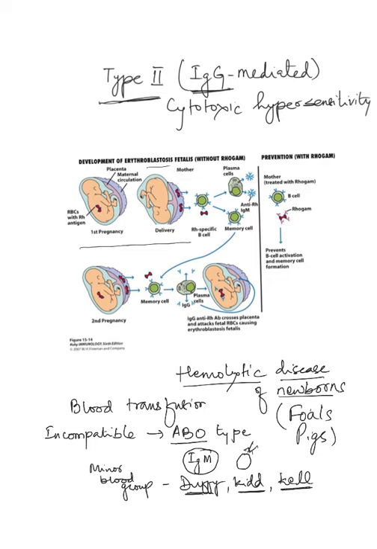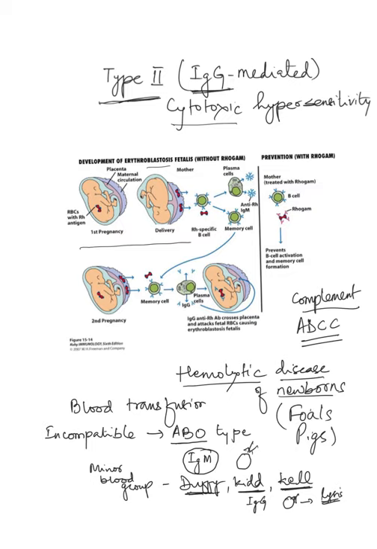But in individuals who require multiple transfusions on multiple occasions, antibodies to these antigens, for example IgG antibody, can bind with the incompatible blood group, and there will be lysis of the RBCs, again through complement mediated lysis or through antibody dependent cell cytotoxicity.